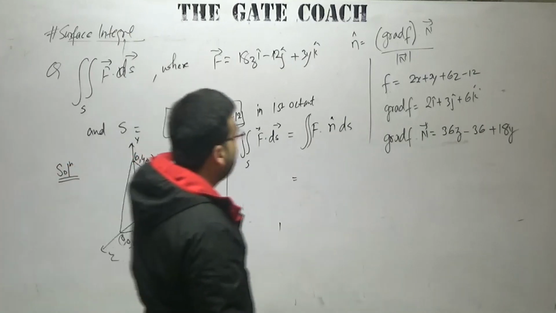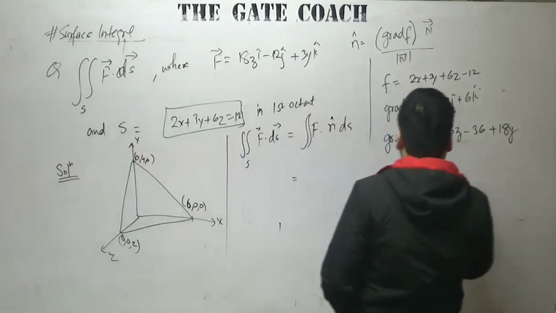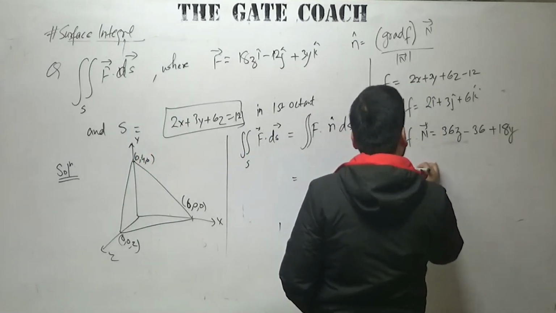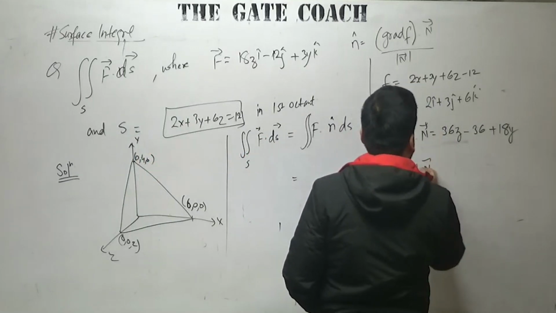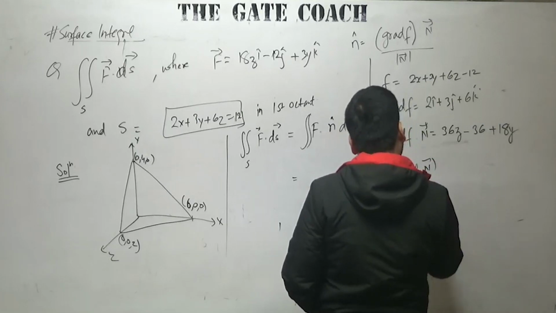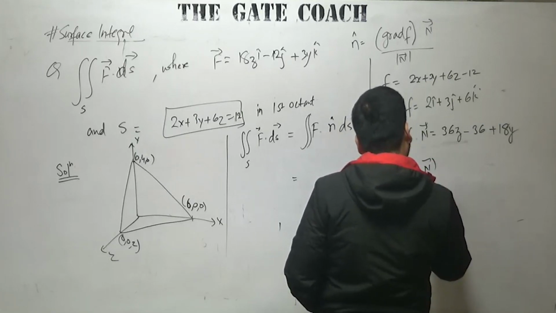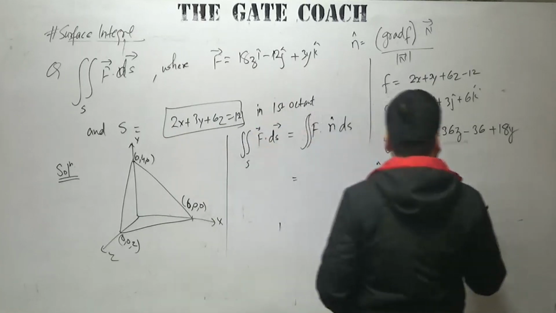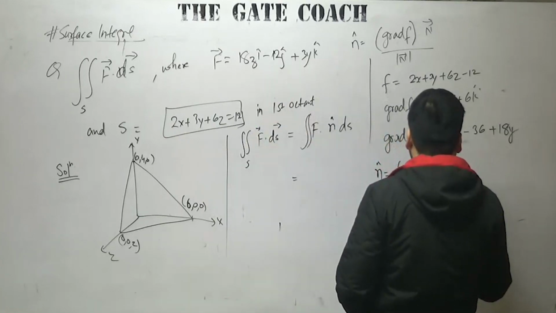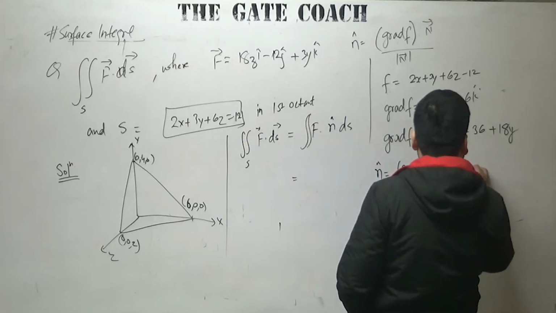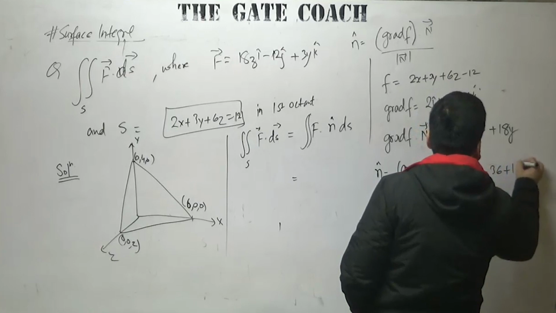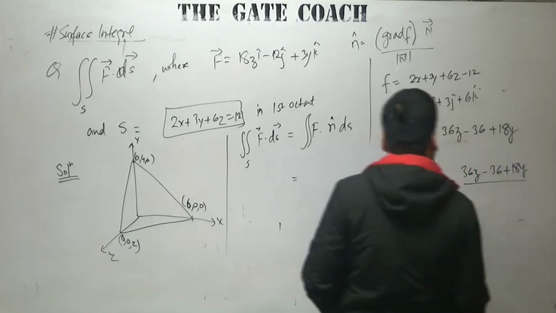Clear? Now the n unit vector will be equal to grad f dot n vector divided by mod of grad f. That is the unit vector which is perpendicular to the surface, right? It will be equal to 36z minus 36 plus 18 times y divided by mod grad f.